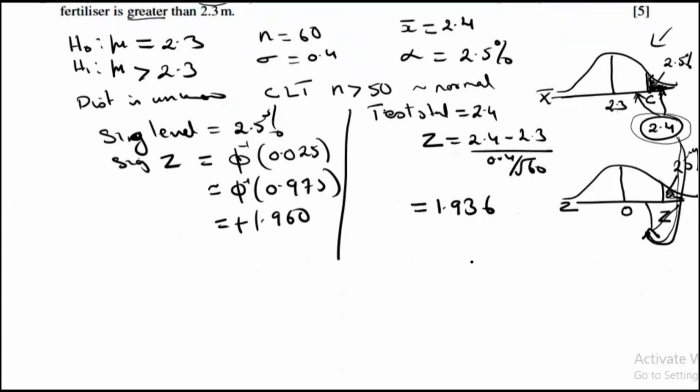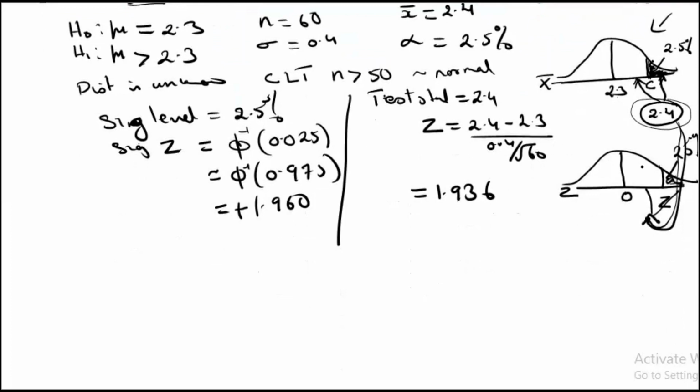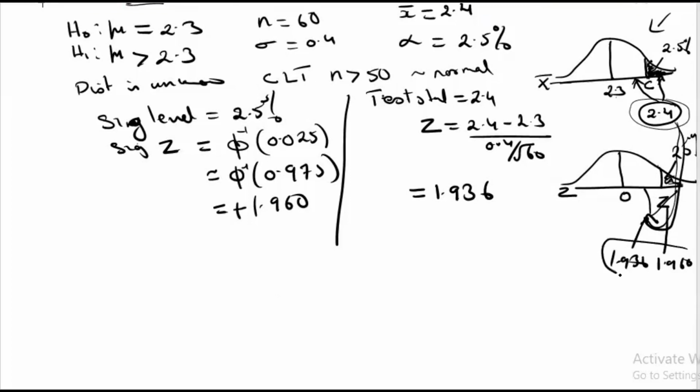So now it is quite obvious. Our boundary line, which is C, that corresponds to Z, this was found to be 1.960, and 2.4, this value is 1.936. Now we can see that this can be compared and check where 1.936 falls.